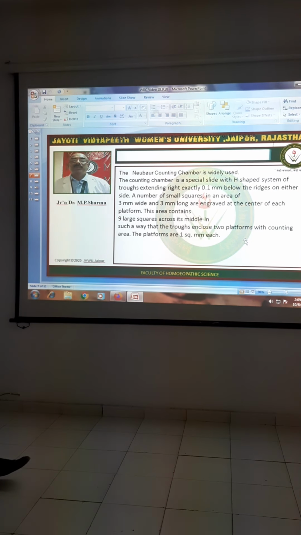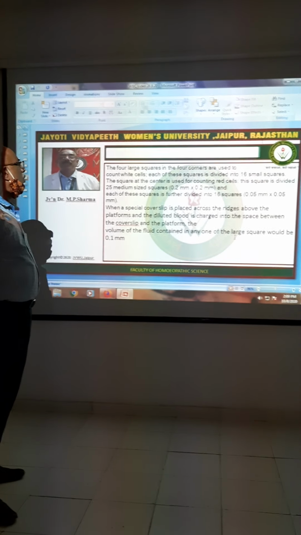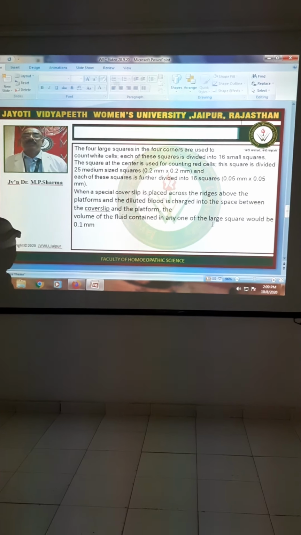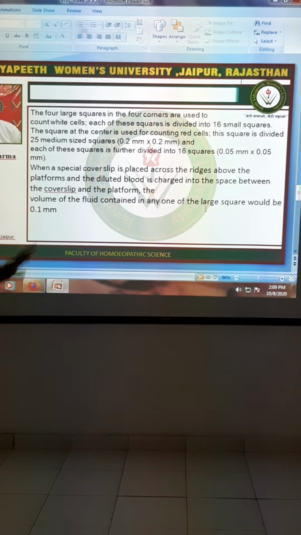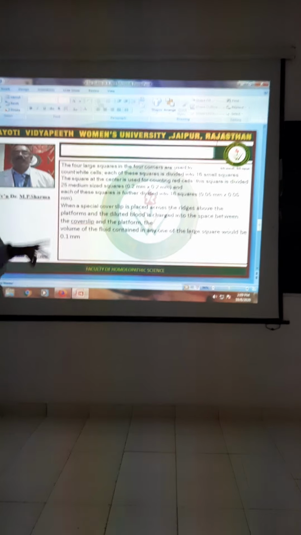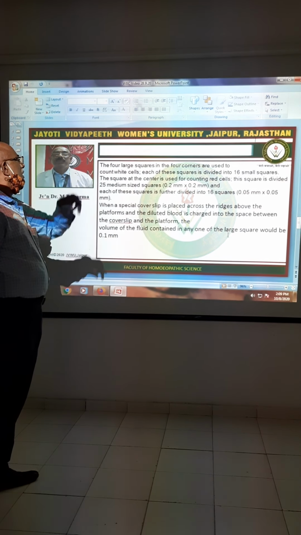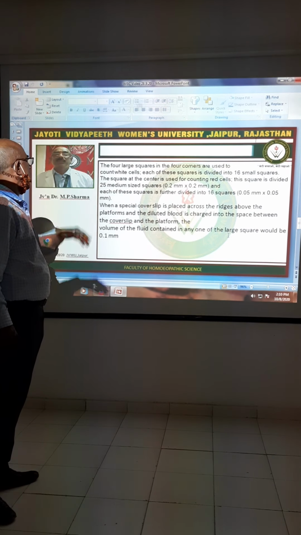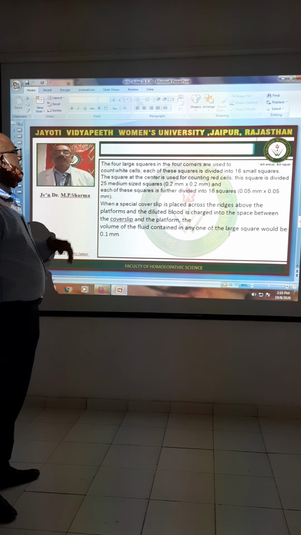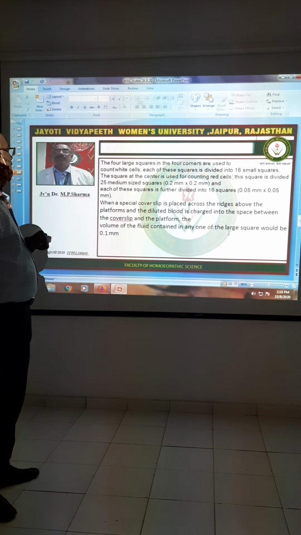Now next, the 4 large squares in the 4 corners are used to count. 4 corners, 1, 2, 3, 4. So 4 large squares in the 4 corners are used to count white cells, and each of these squares is divided into 16 small squares.